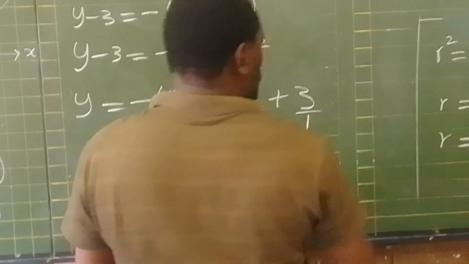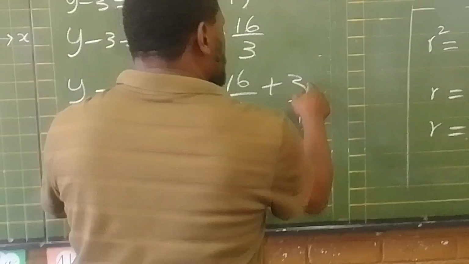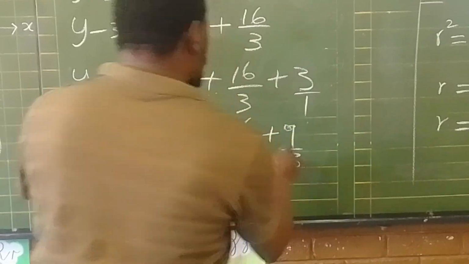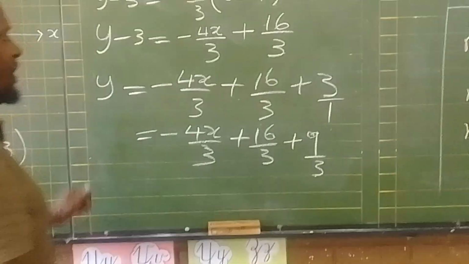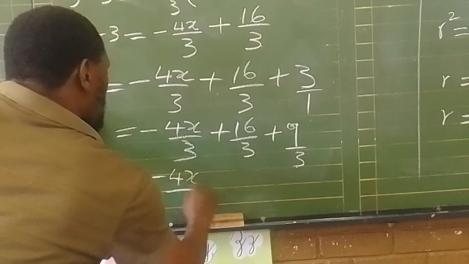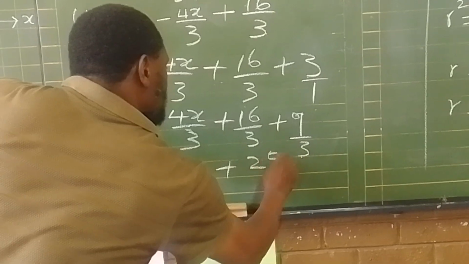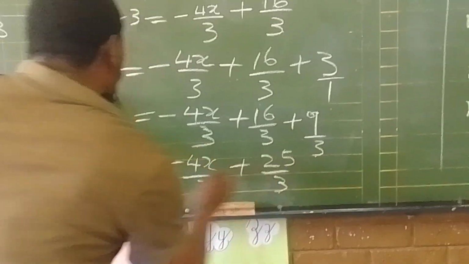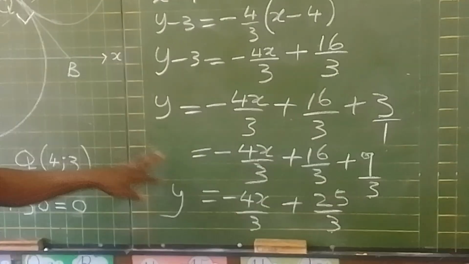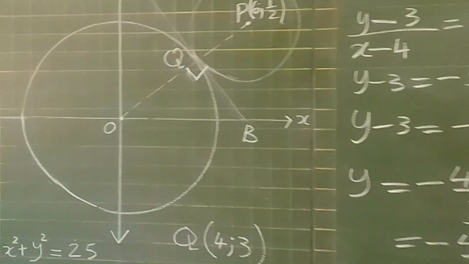Then this is over 1. 1 goes up and times into 3, 3 times. 3 times 3 is 9 over 3. What is 9 plus 16? It's 25. You have a minus 4x over 3 plus 25 over 3. This is your equation of AP. Got your 4 marks? Let's go for question 4.3.